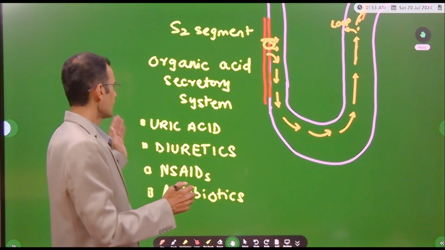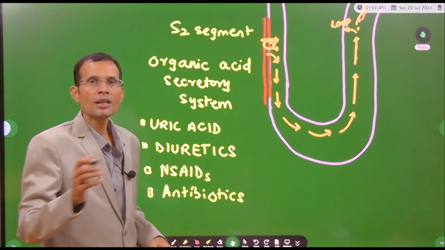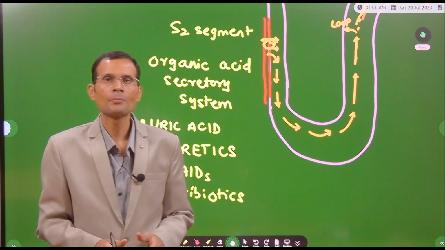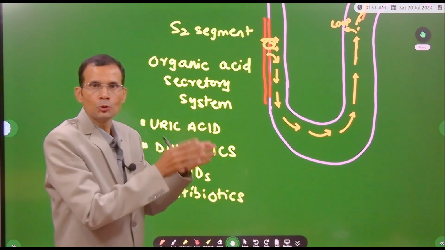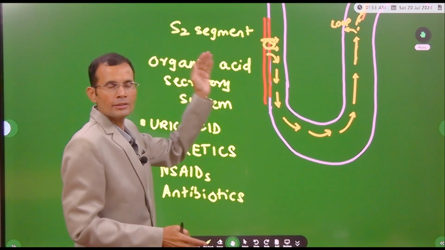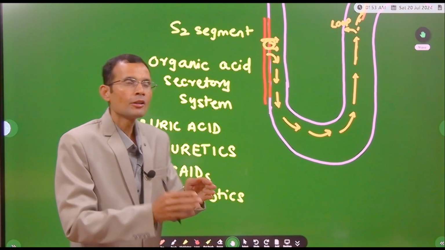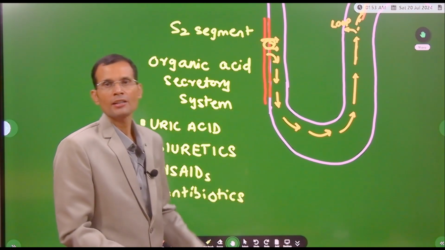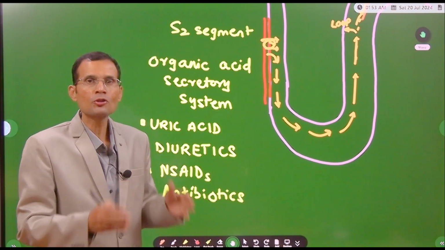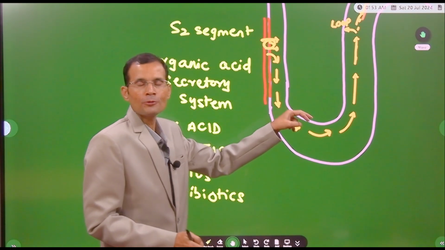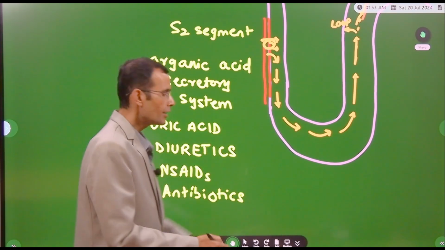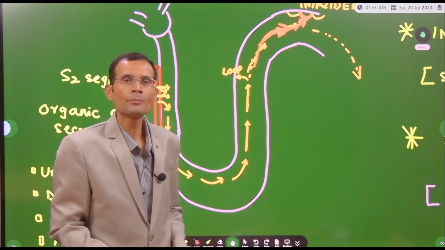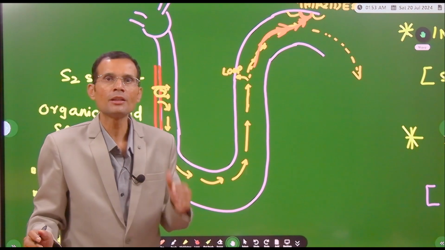Because if NSAIDs are given along with the thiazide diuretics or loop diuretics, these two, the NSAIDs and the diuretics, will compete for the same transport system, which we mentioned as the organic acid secretory system, and therefore due to this competition, less of the diuretic will get secreted, less of the diuretic will reach its site of action, and therefore its efficacy will be limited.